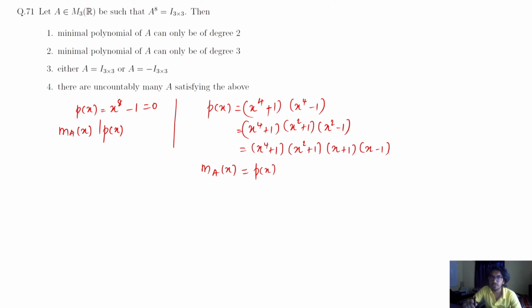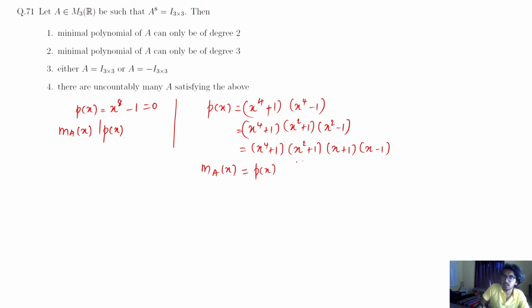Therefore, options 1 and 2 claim that the minimal polynomial can only be of degree 2 or 3. Even if we stop at this stage, it has 2 factors. We are dealing in R, so even these things can be factored.